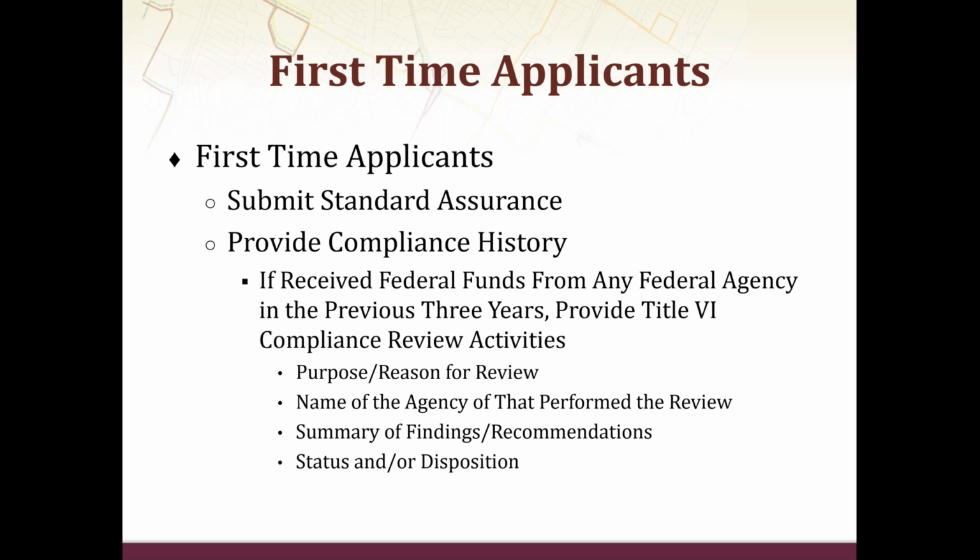Basically, if in the last 3 years they've received funding from any other federal agency, perhaps like Federal Highways, and there have been any reviews about Title VI, then the agency needs to provide that with their application, basically saying, okay, we had a Title VI review under FHWA, and these were the findings, this is the status and disposition of those findings, and any recommendations that were made by the reviewers. Basically you have to provide all of that to FTA so they have the background of how you've performed with regards to Title VI for other federal agencies.